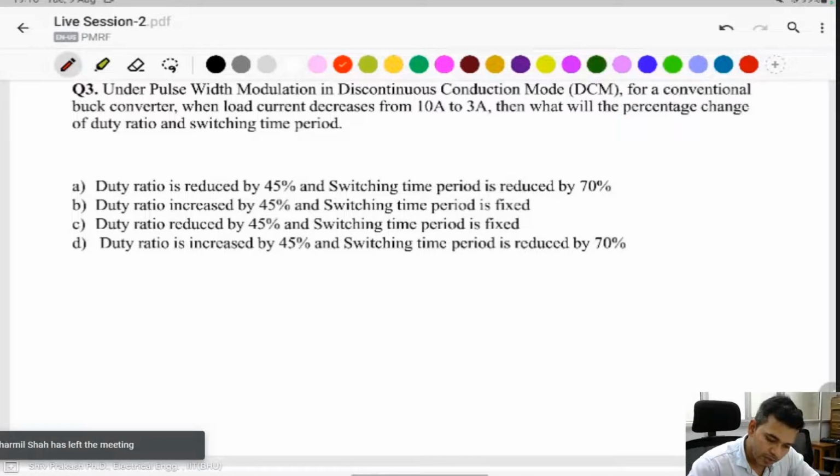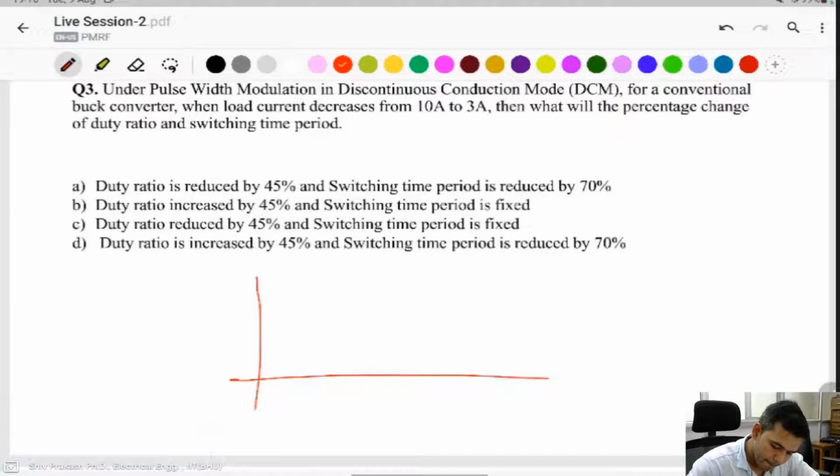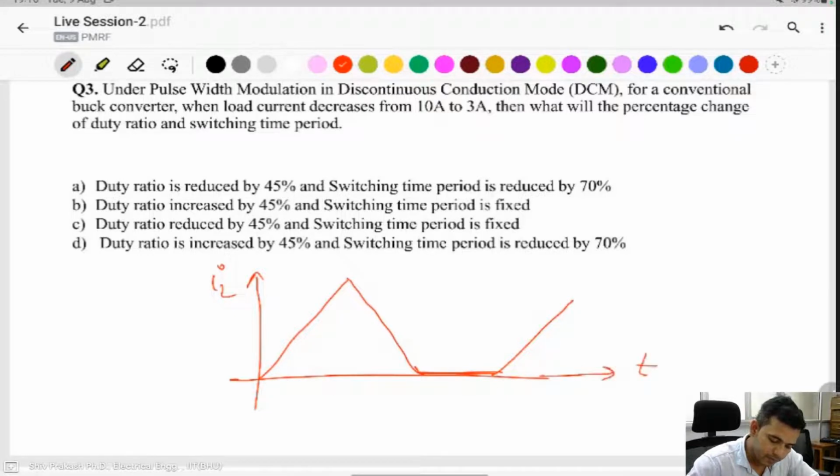Now a buck converter in discontinuous conduction mode. This will happen in the inductor current IL, with IL maximum here.